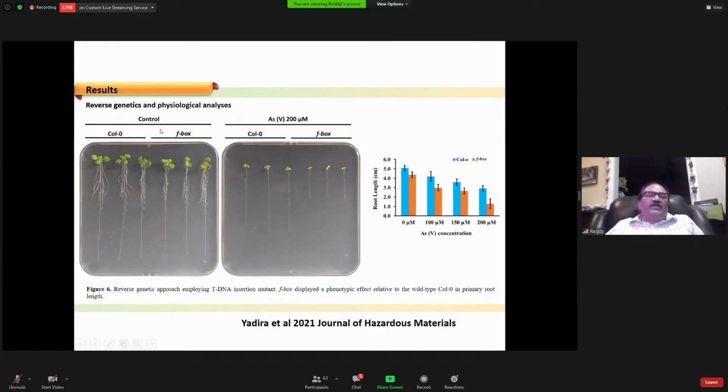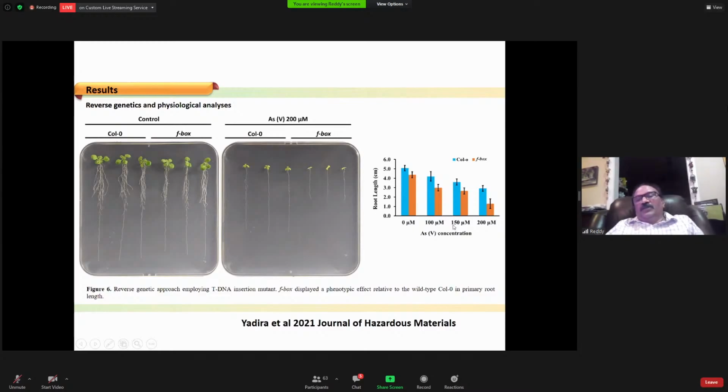So here, the F-box gene is knocked off. This is the wild type. Even without the F-box gene, it is not showing much difference from the wild type in control condition, just a little bit. But in arsenic, this plant is not doing well at all without this gene. So that tells us F-box is very important to mitigate arsenic stress.